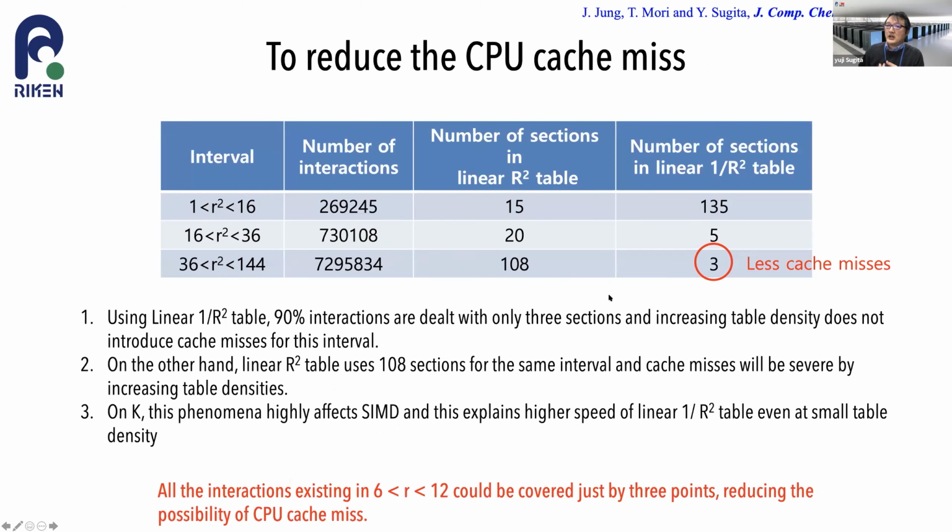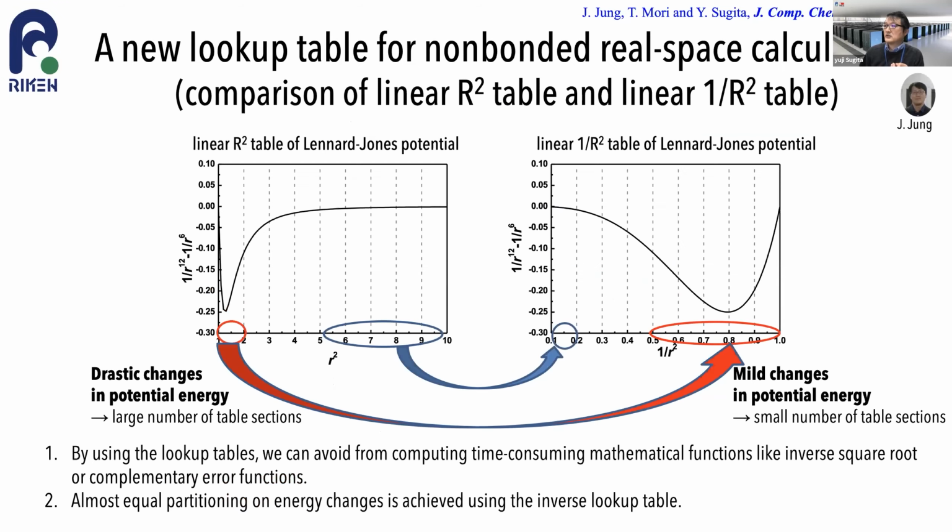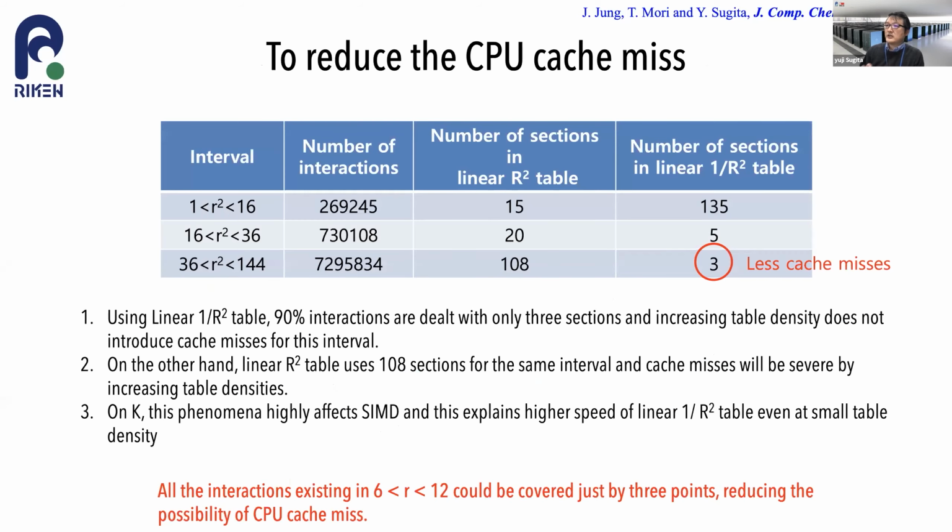And also computationally, this is quite nice, because as I mentioned, we can cover these regions with a small number of table sections. And if we check in a real snapshot, we can cover the most important interaction region with a very small number of table sections.